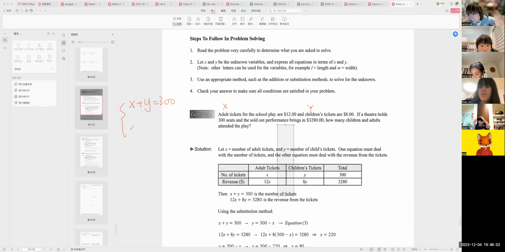Correct? Elaine, right? So we have this one. The other equation is 12x plus 8y equals 3,280. How do I change this one?